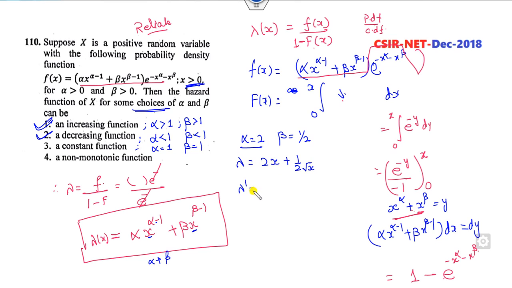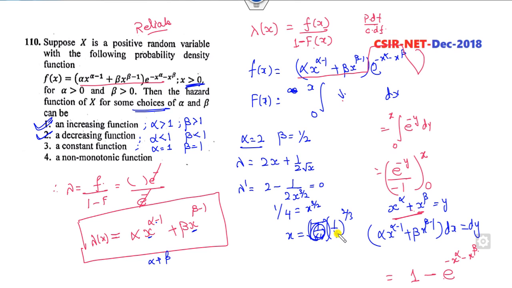Then you can take the derivative, minus x raised to the power 3 by 2. If you find the critical point, it will be 1 by 4 is x raised to the power 3 by 2, or x will be 1 by 4 raised to the power 2 by 3.